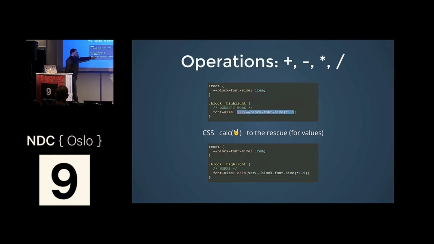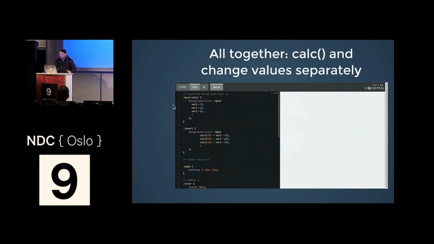You put this into calc, and the browser immediately will know. As soon as something changes in this block font size variable, it's immediately applied everywhere it's used, especially in the calc function. So here, just use it out of the box. So calc provides even more power now. Not only providing some operations, but also working with custom properties and providing units there.